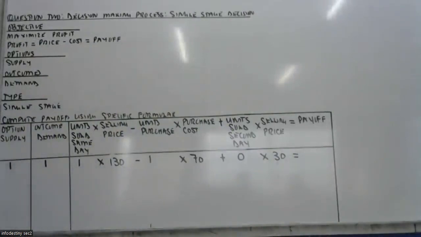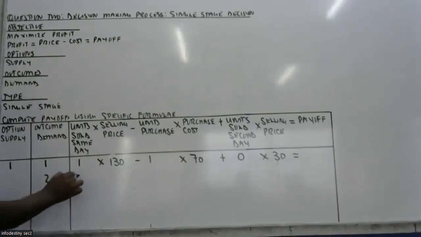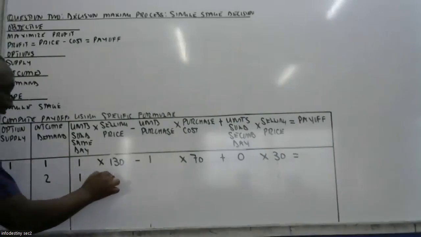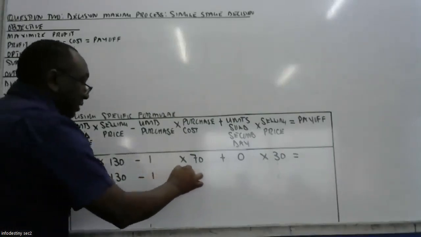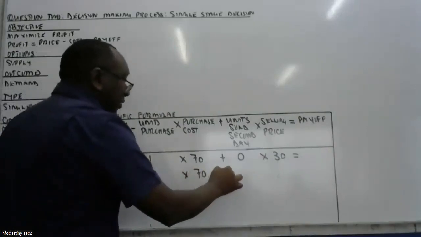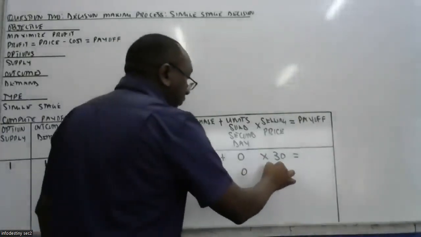It is also possible you get 2 customers coming. If you get 2 and you have bought 1, you just sell 1 at 130. You had bought 1 at 70, and there is nothing that remains for the second day.